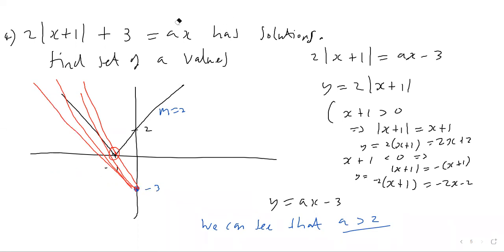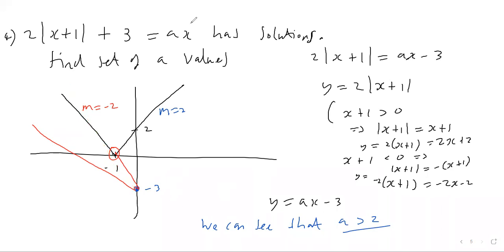But obviously, if we've got a gradient of -2 for a, then that's going to be parallel to this line here, because remember, the gradient of this negative half of the 2 times modulus x plus 1 graph is -2. So actually, we can see again that the a value cannot be -2, because otherwise we get a parallel line. However, if the gradient is less than -2, so the magnitude being bigger, we're eventually going to intersect this part of the graph.